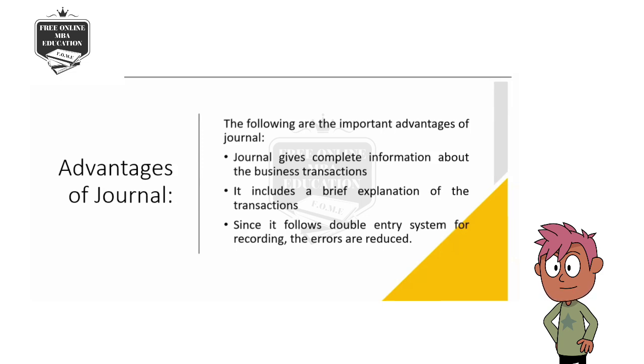So one journal entry gives complete information, including a brief explanation of why we have passed the entry. And since we follow the double entry system, one at the debit and another at the credit, there are very few chances that any mistakes would happen.